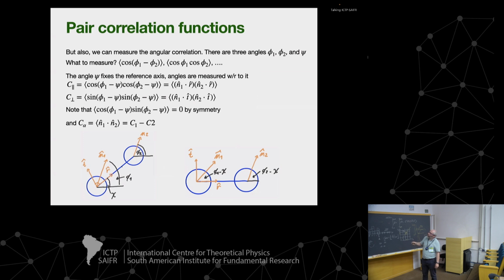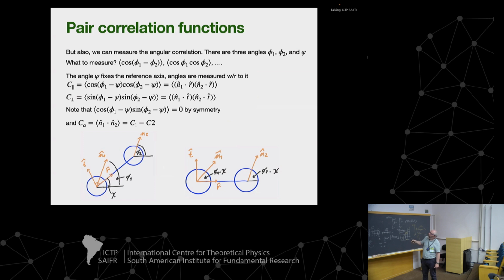The cosine of phi 1 minus psi, times the cosine of phi 2 minus psi. I changed the letter, sorry. That can be easily interpreted because you have the director and the vector that joins the two centers.